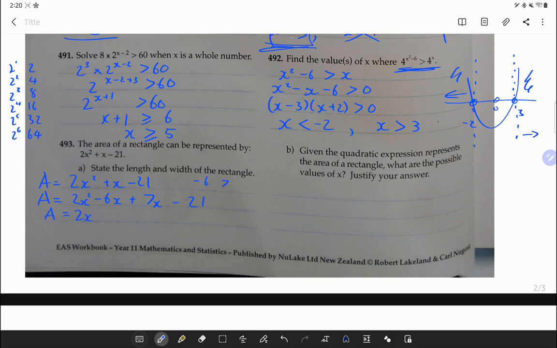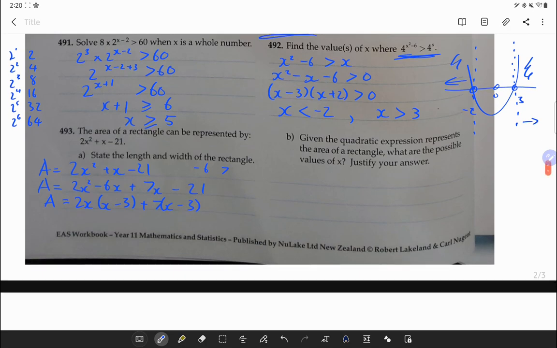Factorize. Oops, sorry. Factorize again. Cool.